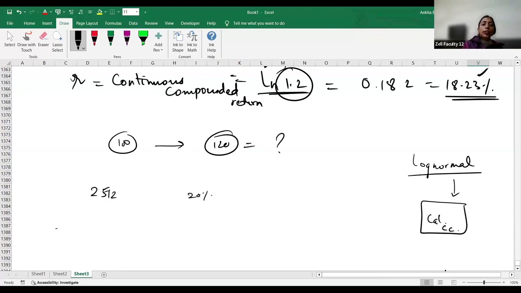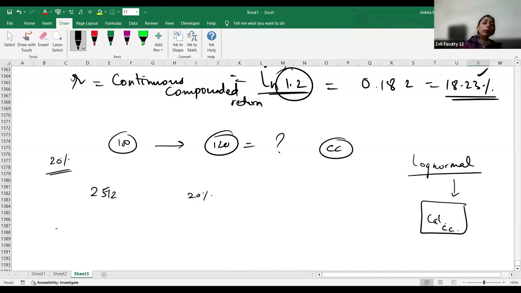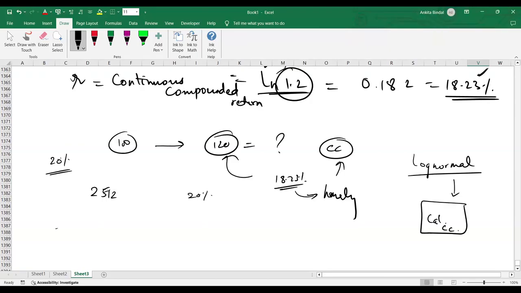Generally you would have said it's a 20% return, correct? But based on continuous compounding, because the compounding is more frequent, like hourly compounding, the return is less. So 18.23% approximately. If compounded hourly, it will give you a return close to 20%.